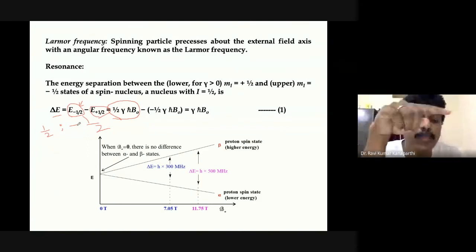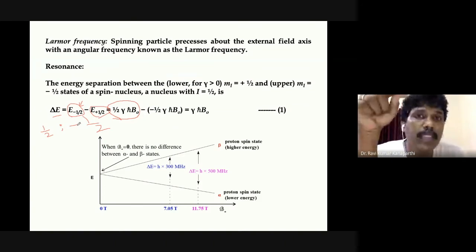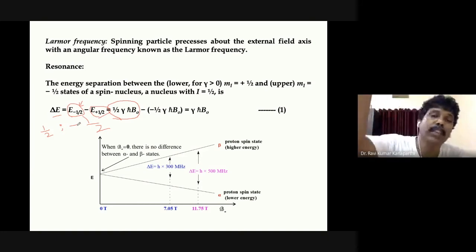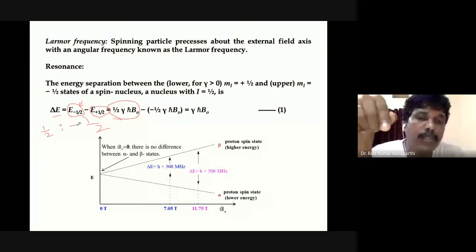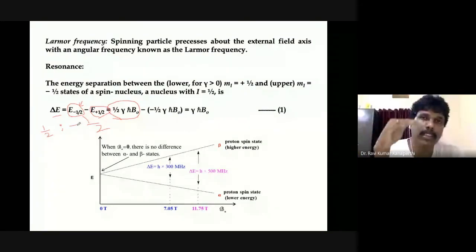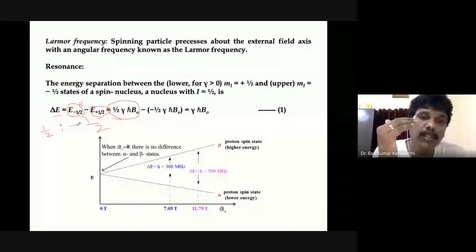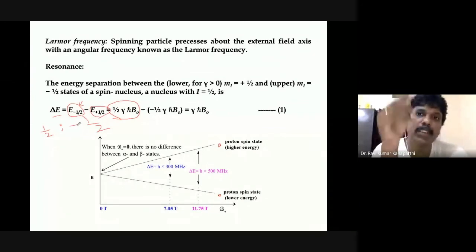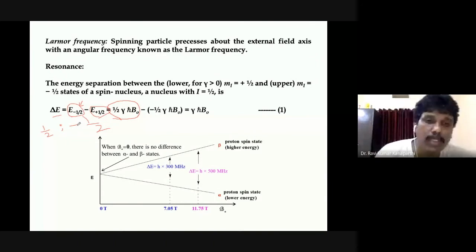Please remember the previous expression: if you substitute minus half, there is already a negative sign, so that nuclear energy will be higher, and if you substitute positive, that energy will be lower. So when you calculate the energy difference, it is always the higher energy state minus the lower energy state.